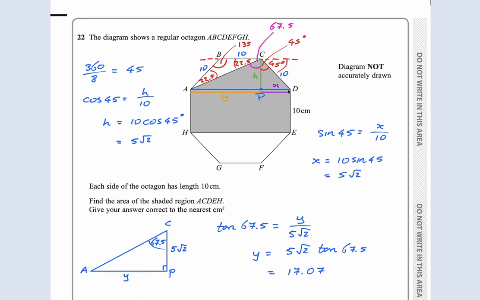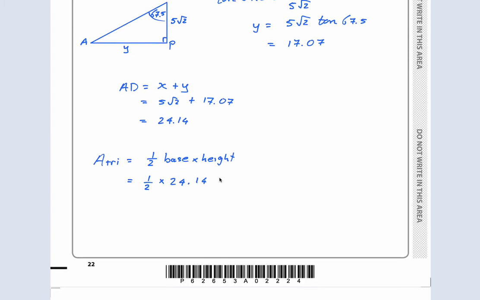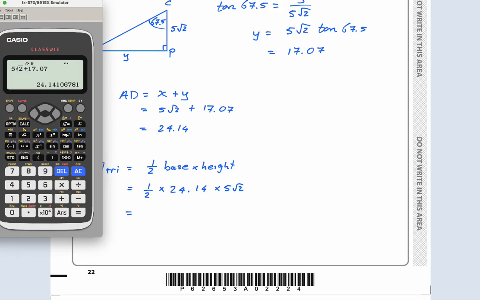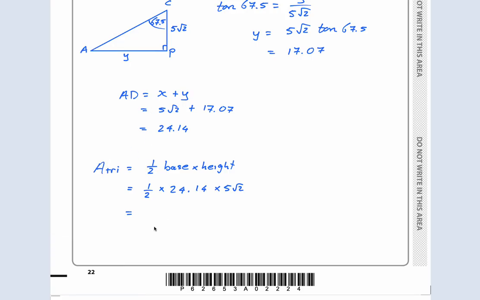So the full blue line is the base, and h is the green line, which is the height of the triangle, which is 5 root 2. So it's this times 5 root 2, which is, calculator please, 0.5 times 24.14 times 5 root 2 gives me 85.34, let's say 85.35, rounded to 2 decimal places.